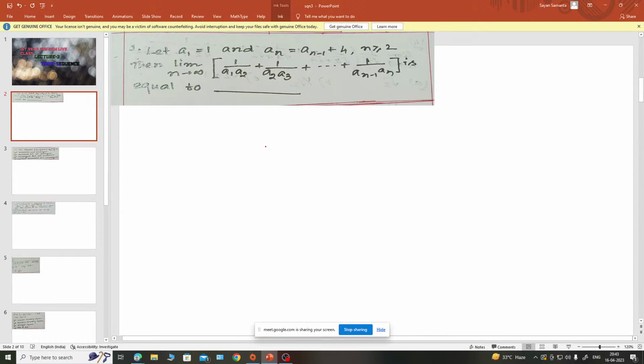Let's say the limit as n tends to infinity of 1 by a1 a2 plus 1 by a2 a3 plus so on is equal to, that means its limiting value. What is the limiting value of the sequence? Everyone try it and please comment what is the value, the limit of the sequence.